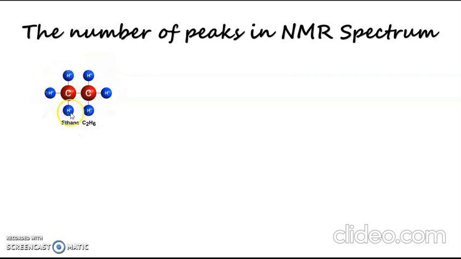The first methyl group is in the same chemical environment as the second methyl group. So, all protons are equivalent. We can consider the 6 protons equivalent, and we can expect only one single signal in an NMR spectrum.